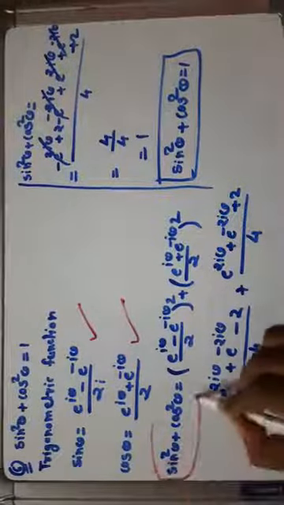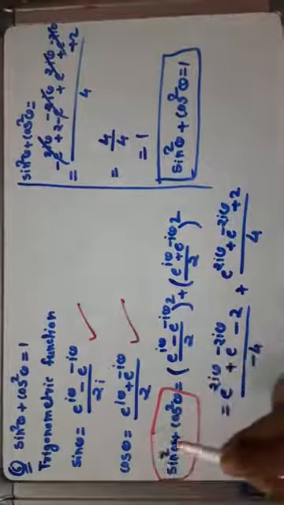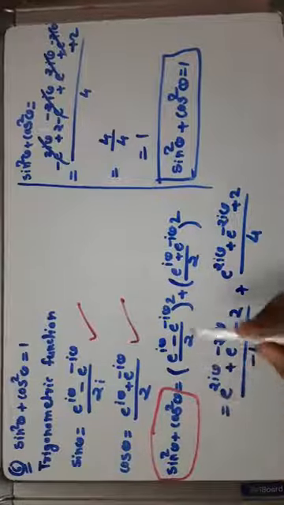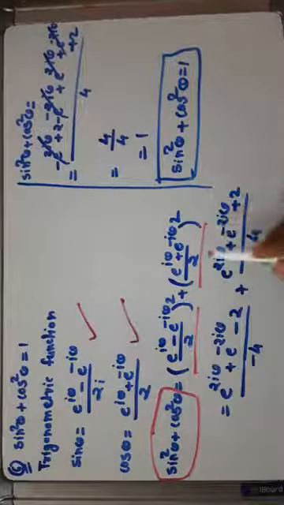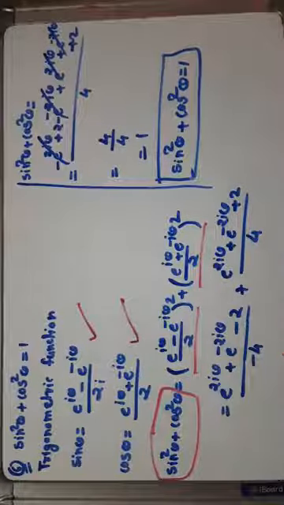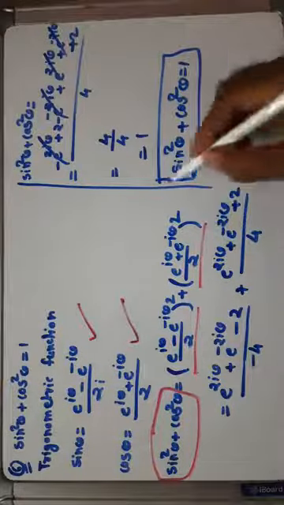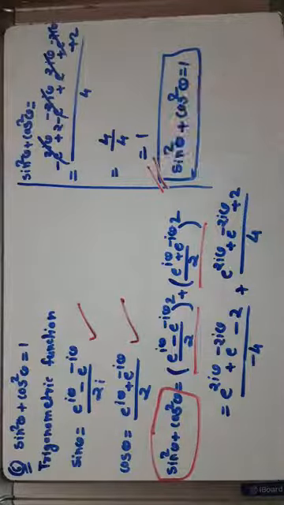We square and add the two trigonometric functions, sin square theta plus cos square theta, then we solve these two brackets, right? Then simple, and finally we prove sin square theta plus cos square theta is equal to 1.